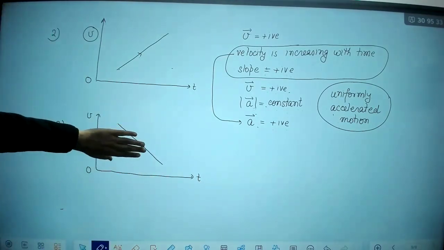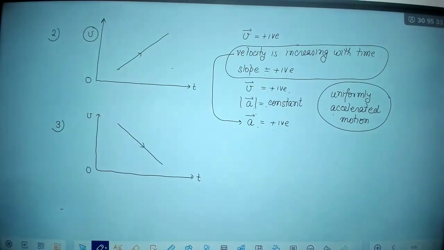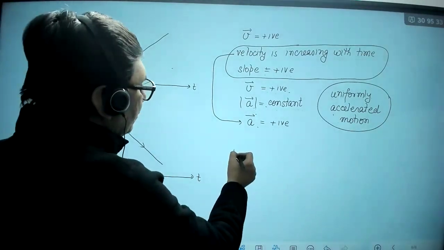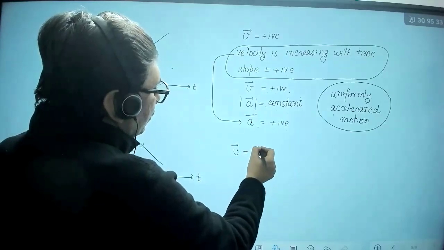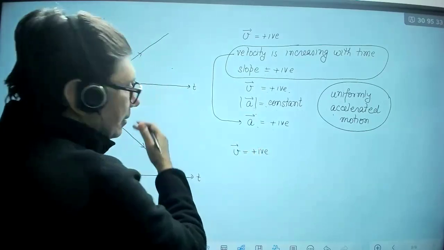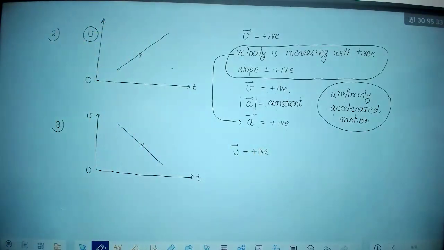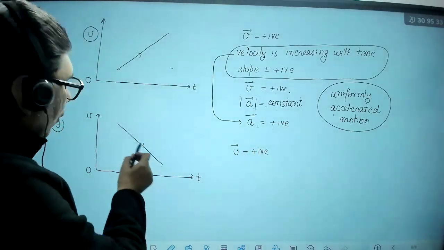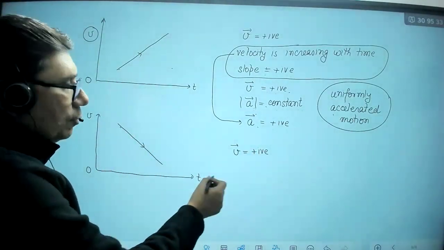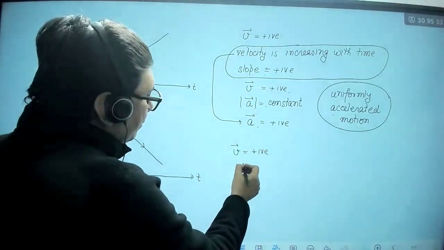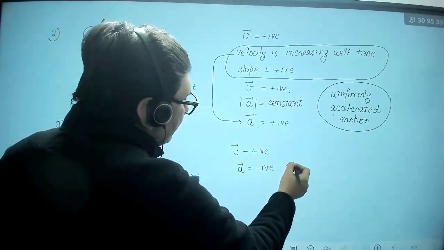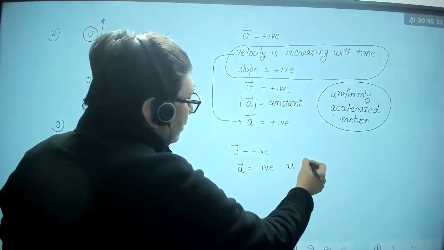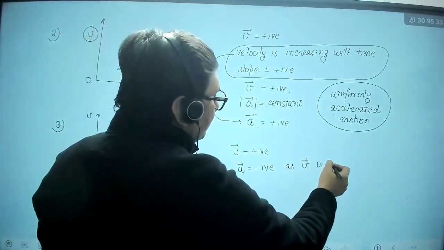The plot is above this axis, so V is positive. Second, here the slope is negative, or velocity is decreasing with time. So acceleration is negative, as V is decreasing with time.